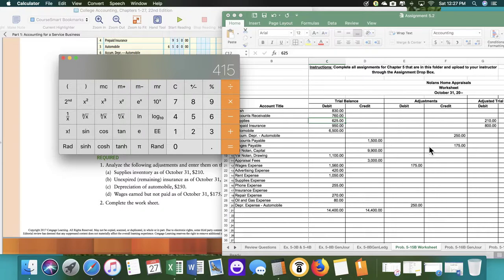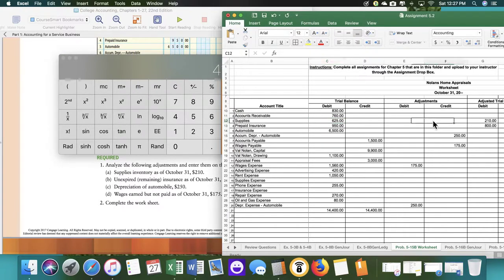So that's $415, and that's going into the credit column because we need to show that we are decreasing how much of an asset we have. Then it's also going to go into supplies expense for the same amount. Again, since we use the double entry, both the debit and the credit columns have to be the same amount when we total it.